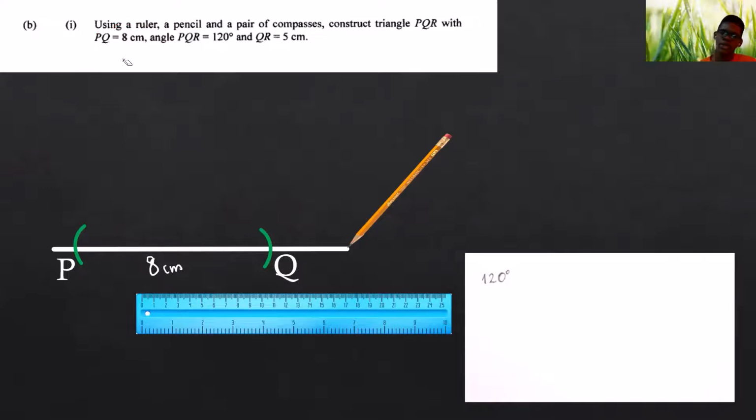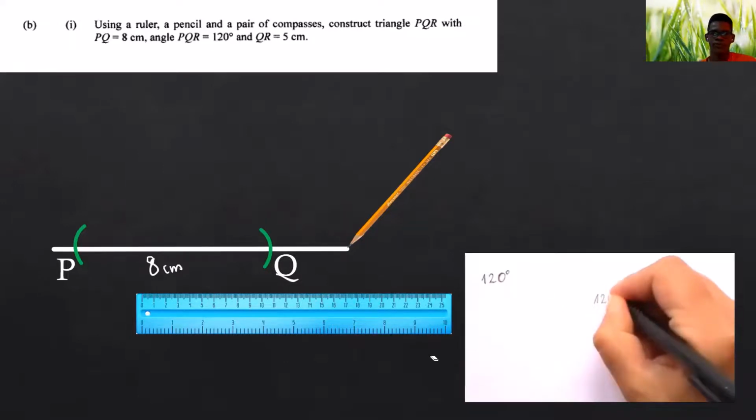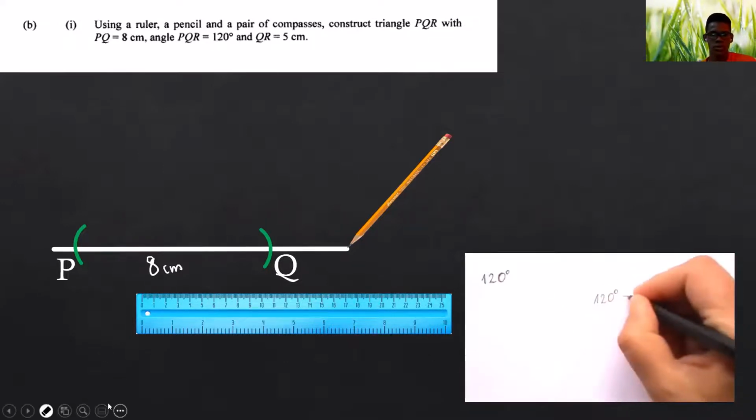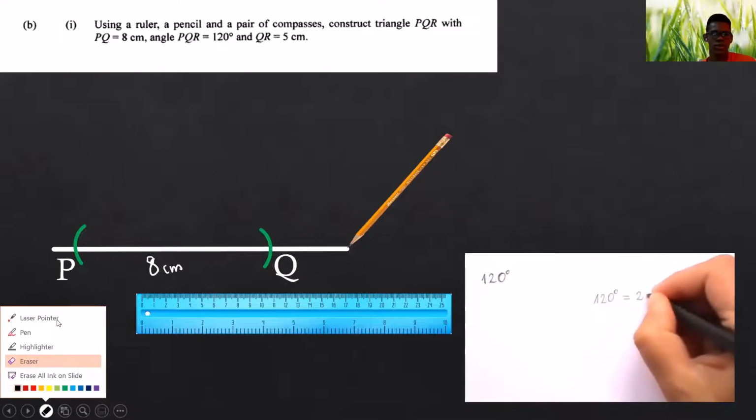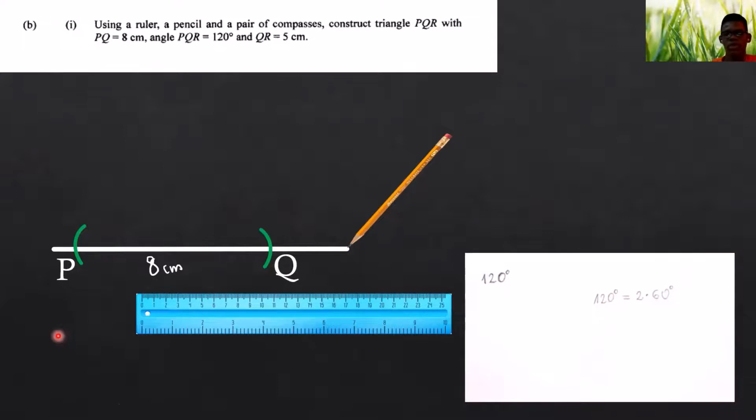Now in the corner there is a video of how to construct a 120 degrees angle using your compass. Right, so I'll let the video play. I hope it doesn't stick up and all that. He's going to construct 120 degrees by constructing two 60 degree angles. He got the same rule like me.